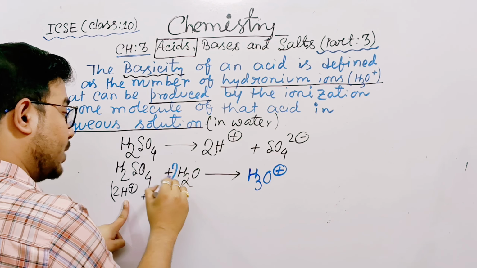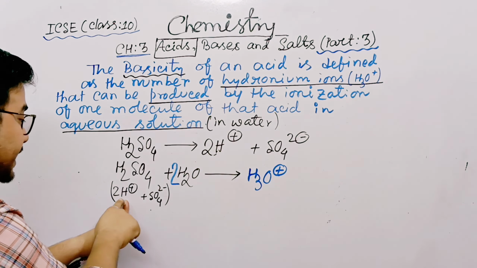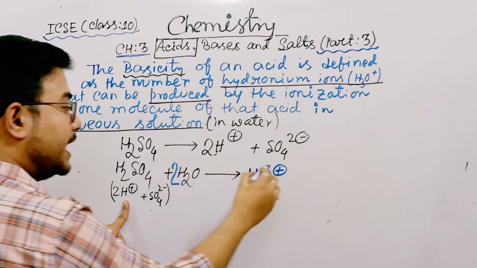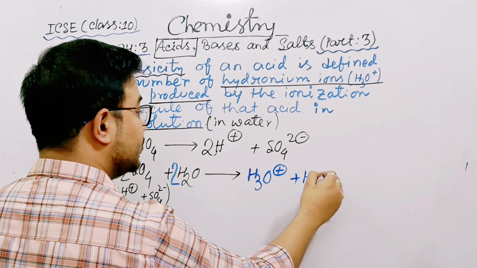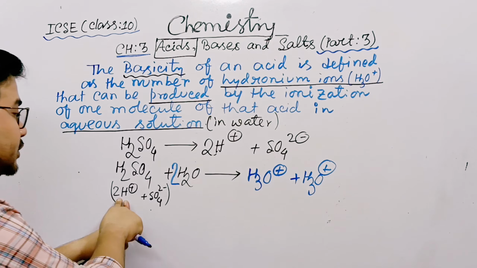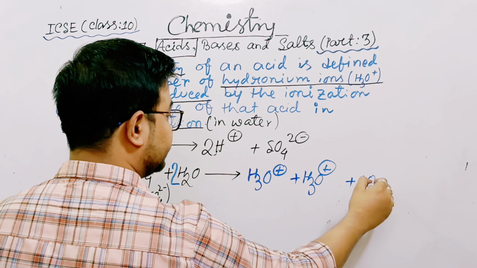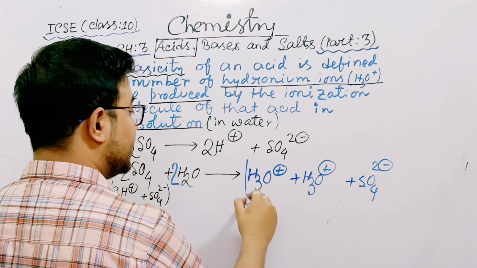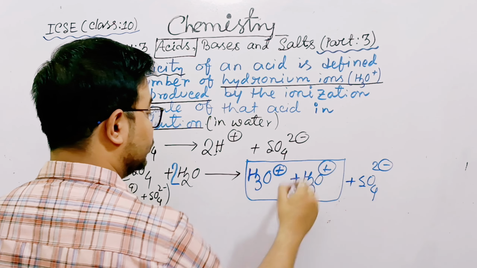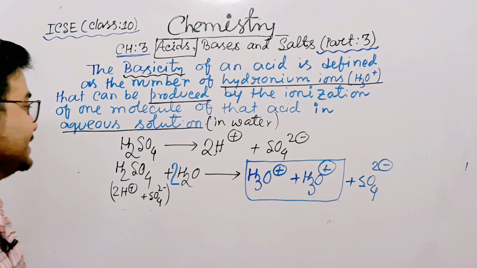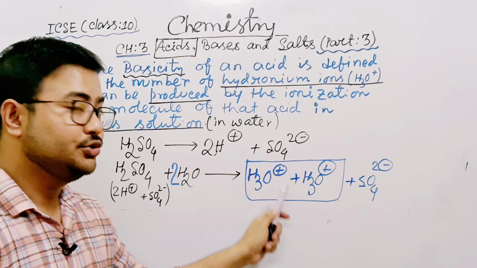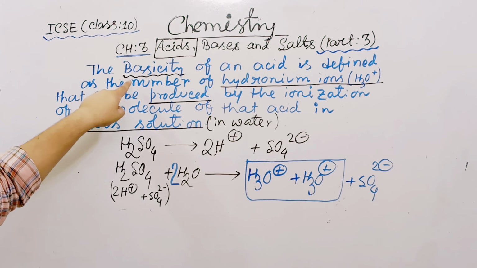You have to take 2 waters. The second water molecule again combines with the H+, so another H3O+ will form. So 2H+ combined with 2 waters and SO4 2- is left. So how many hydronium ions will form here? 2. So what is the basicity of sulfuric acid? 2. So read again the definition.